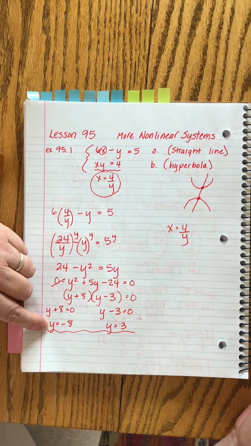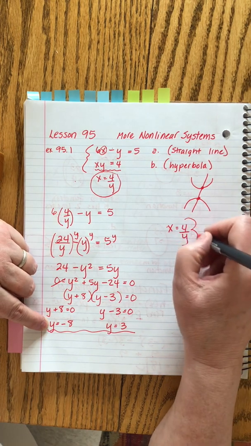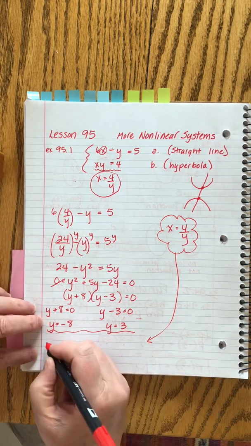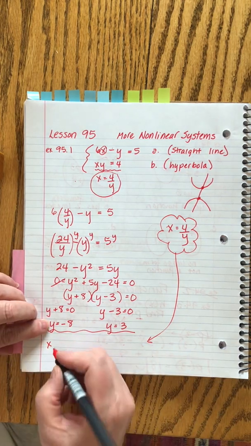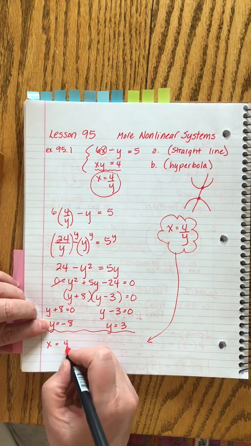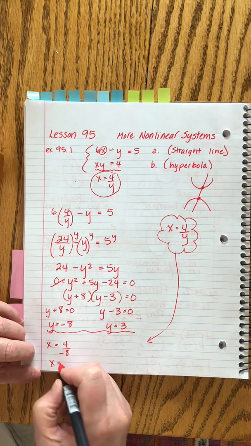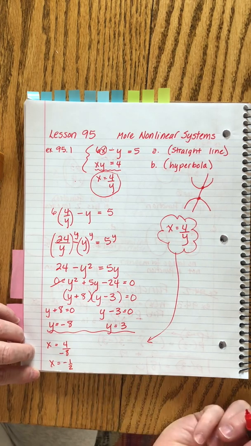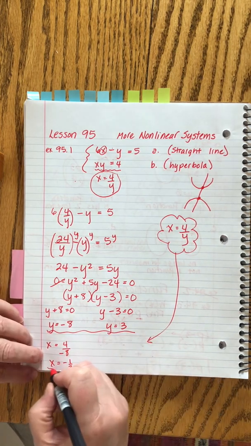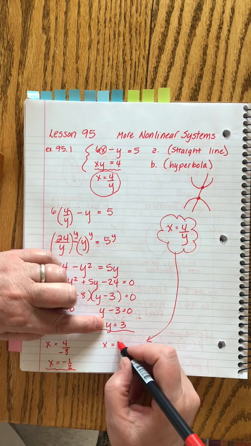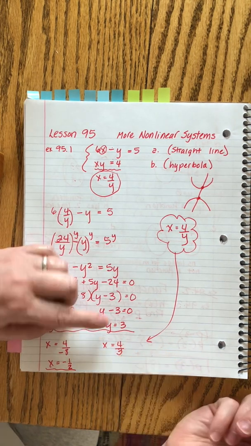So now we can plug both of these in. I've even got space down here. If y is minus 8, then x equals 4 over minus 8. And that means x equals minus 1/2. And if y is 3, x equals 4 over 3, and that's a done deal.